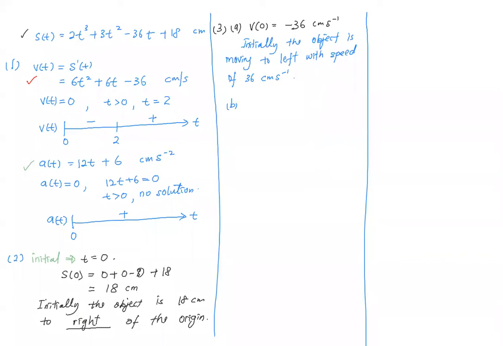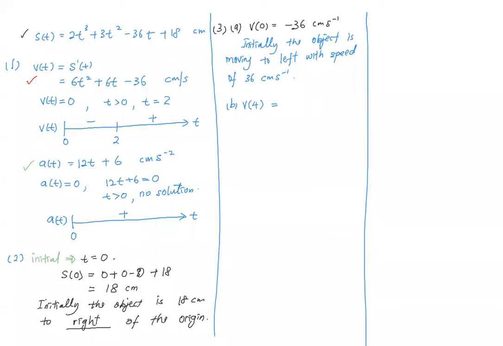Okay, how about part B? Sub t equals 4 into V(t). Okay, can someone use your GC and give me the answer?